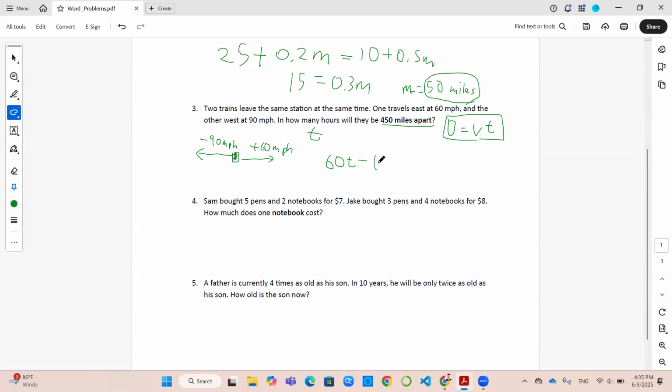So it would be minus 90t, and you want to take the absolute value of this, and this is equal to 450. So this becomes 150t is equal to 450, and t is equal to 3 hours.